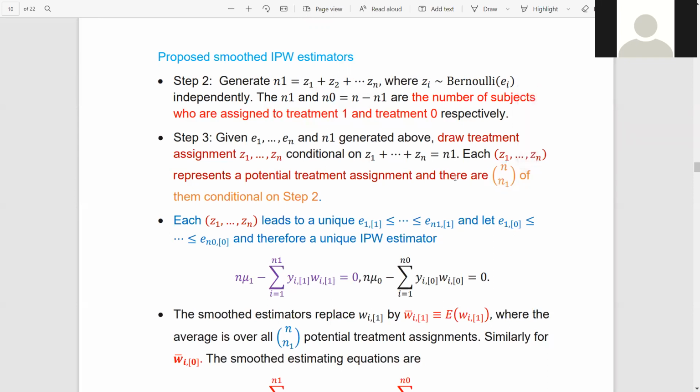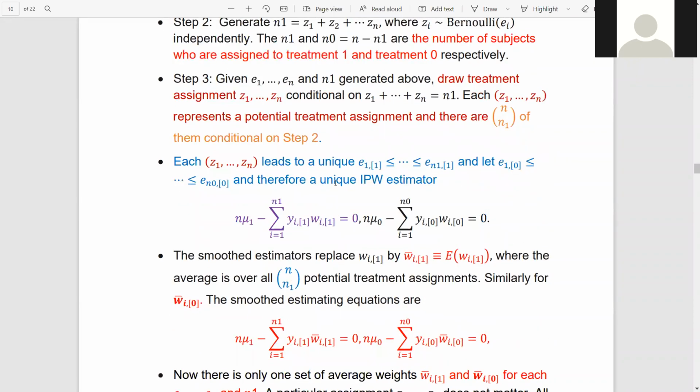Each sequence Z1, Z2, up to Zn is a potential treatment assignment, and there are N choose N1 of them.